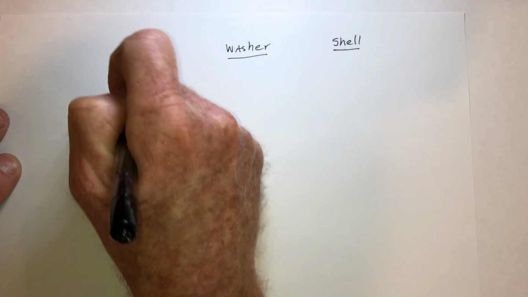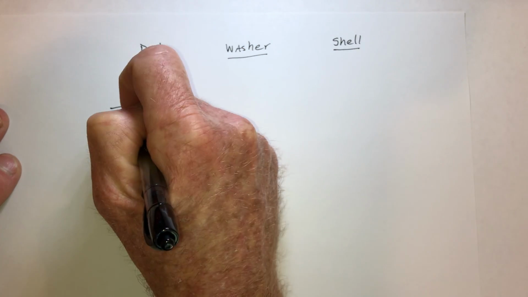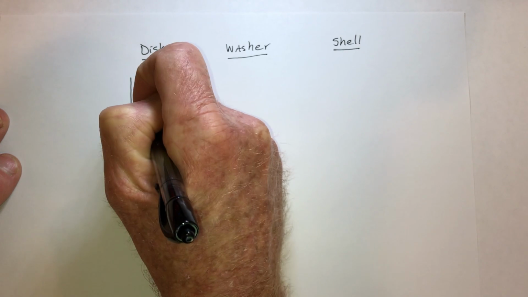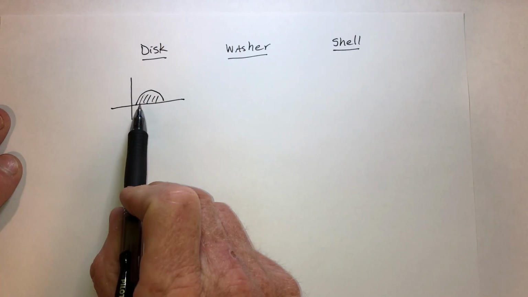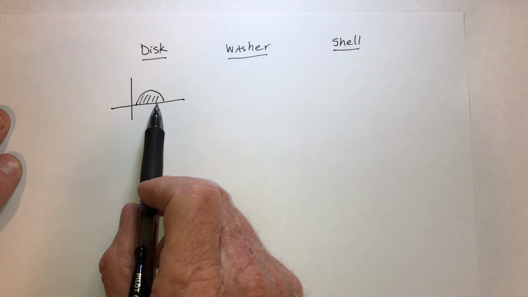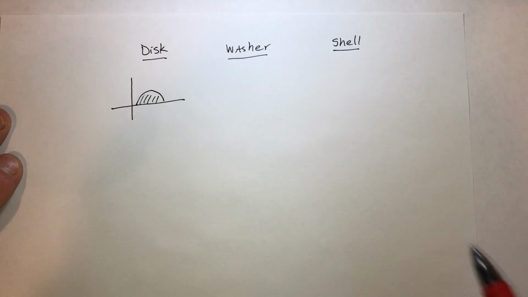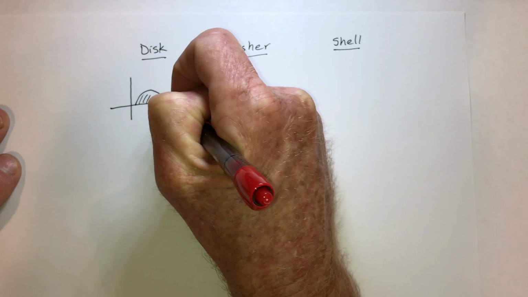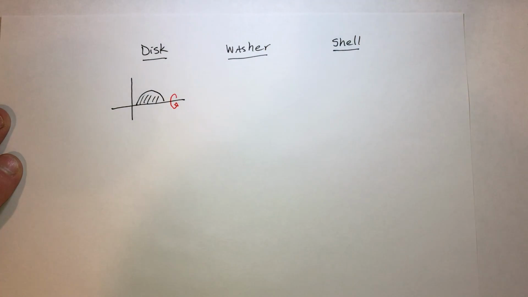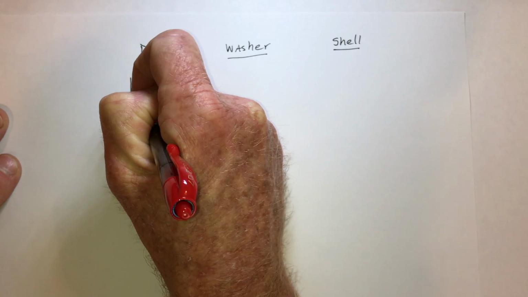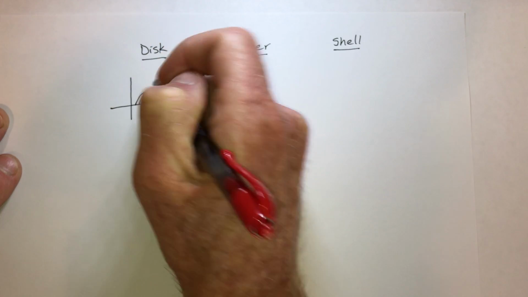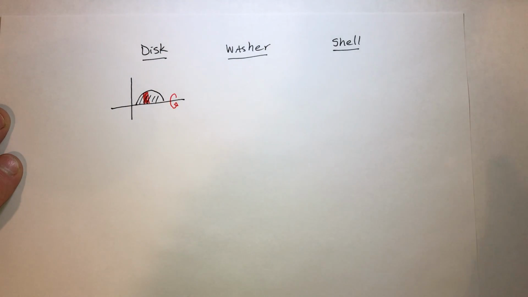So with the disk method, that would be if the shape was like this. There's no gap between the x-axis and the shape. And then if you're going to rotate around the x-axis, that's a good time to use the disk method. So when you have the representative rectangle and you rotate it around the x-axis, then it makes a disk.